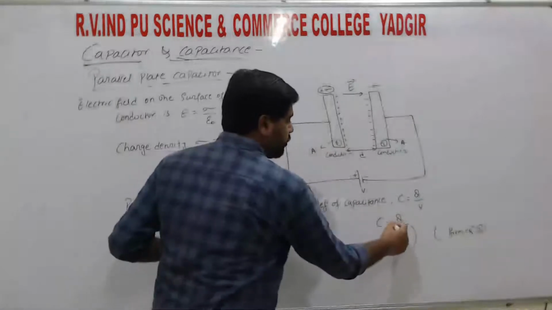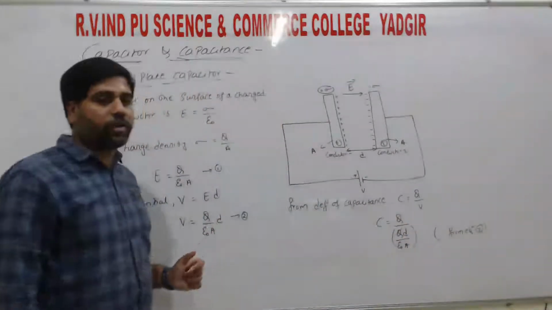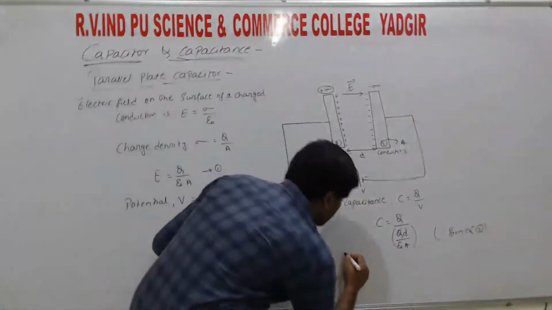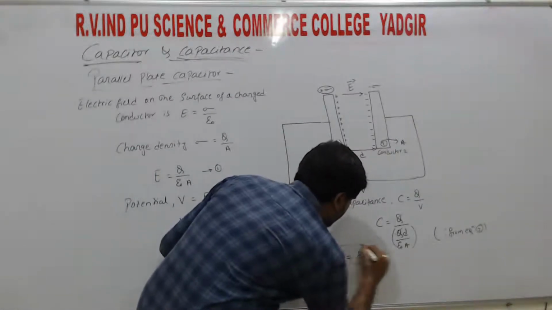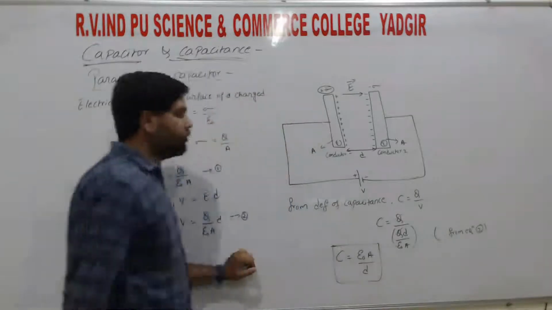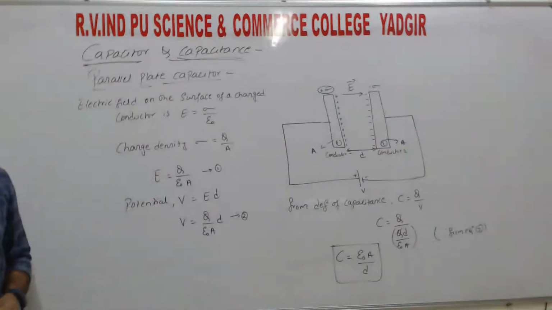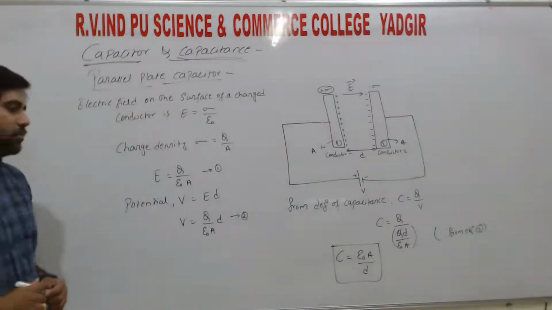The Q cancels, so we get C equals epsilon naught A divided by d. This gives the relation for the capacitance of a parallel plate capacitor.